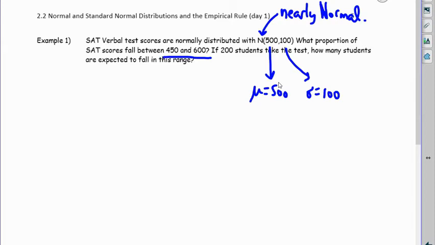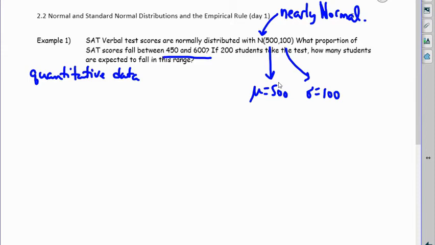So we need to decide what kind of data we're working with. And I can see that I have quantitative data. I'm only saying that to remind you to think about what kind of data you have, because quantitative data is applicable for a density curve.